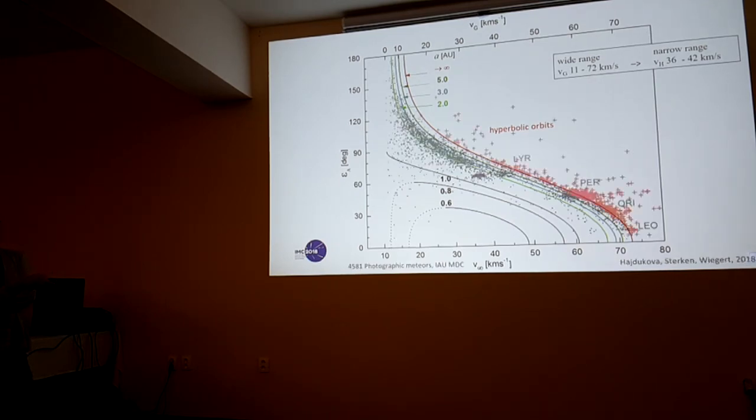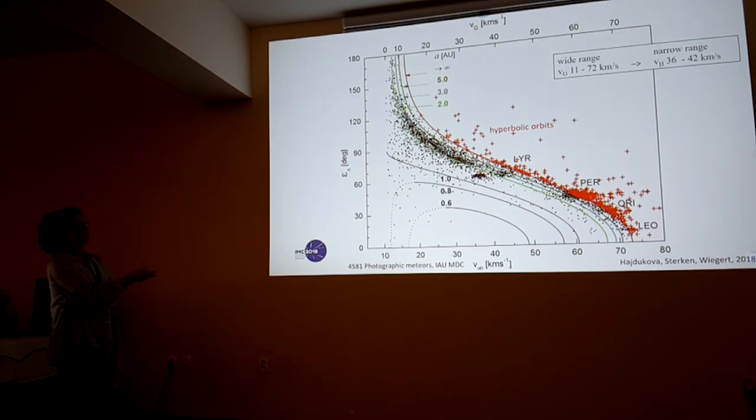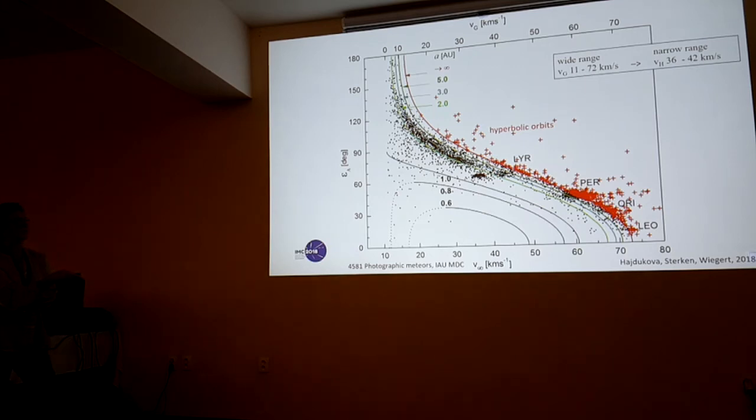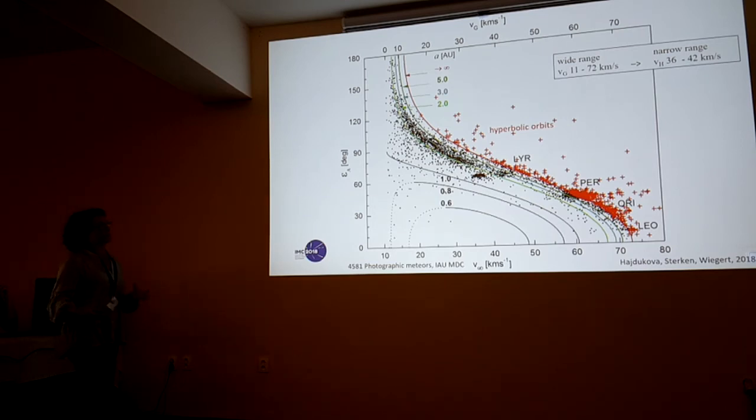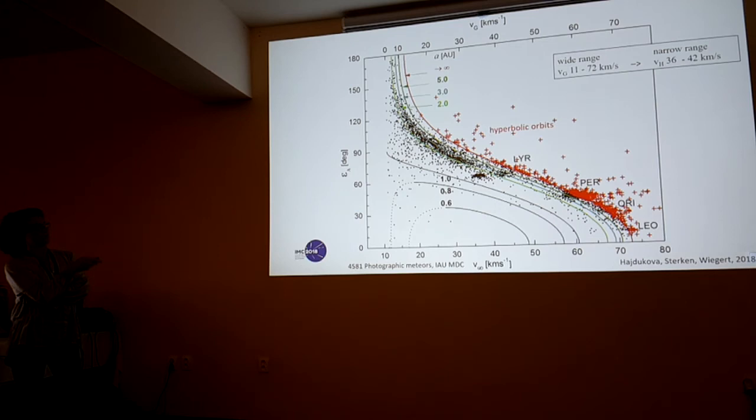As you have already seen, when we put the data here, this is a picture taken from another study. You see that because of this correlation, the meteors are distributed in this very narrow zone of the diagram. And the discrimination between different kinds of orbits is very demanding.